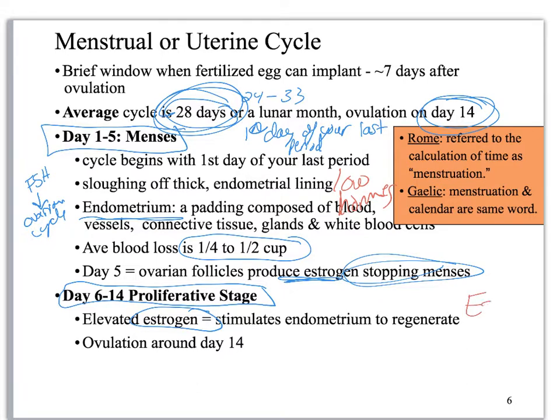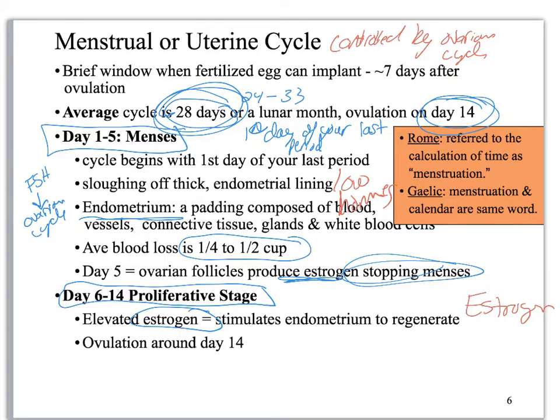Proliferative is being driven by estrogen. All of this is controlled by the ovarian cycle. Because the menstrual cycle or the uterine cycle is more visible, we tend to think of that first, but the uterine cycle is completely secondary to the ovarian cycle.